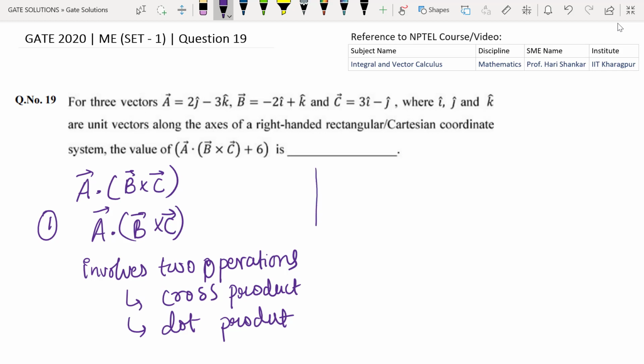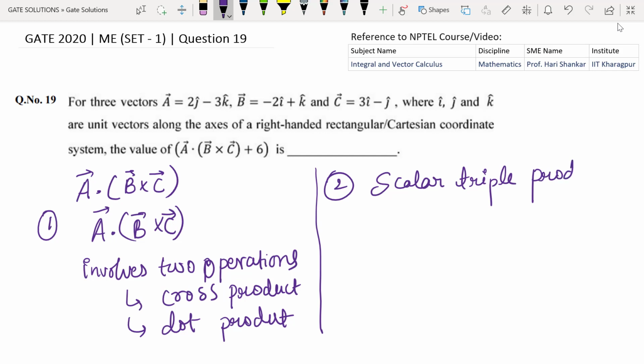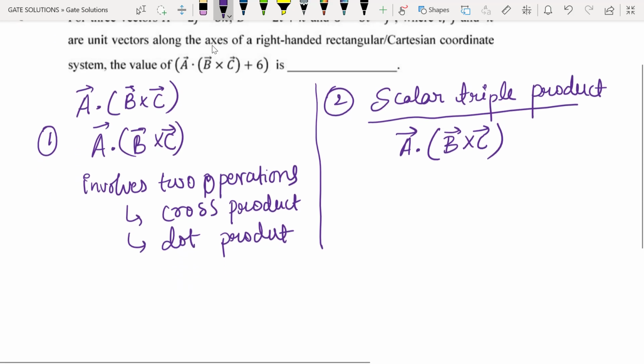So we will go for the second method, that is by using the definition of the scalar triple product. The scalar triple product is given by the dot product of the first vector with the cross product of the other two vectors.